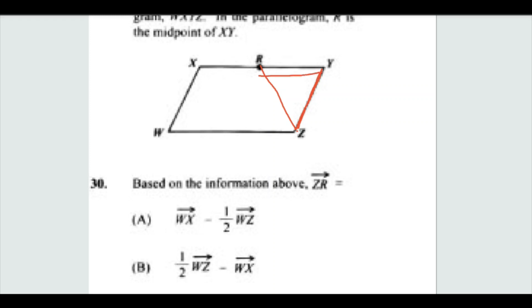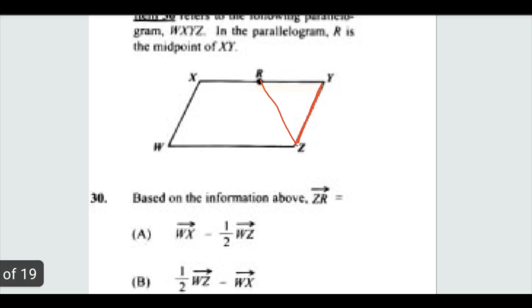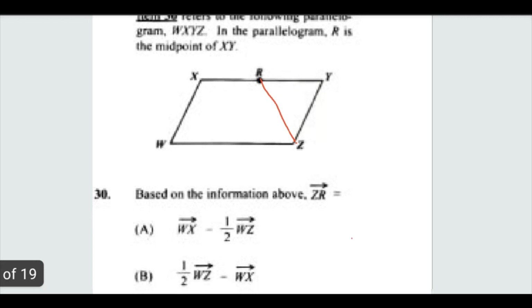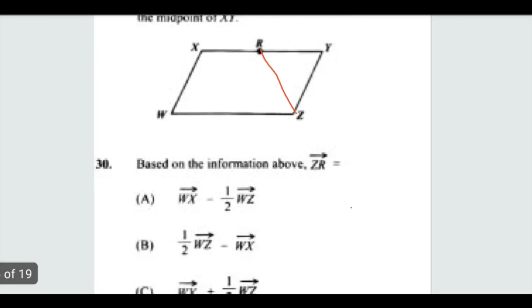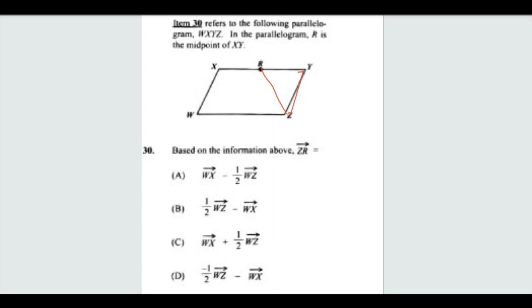You'll be using the triangle law of vectors. All right, so that would be ZY plus half of YX. ZY and WX are the same thing, right?